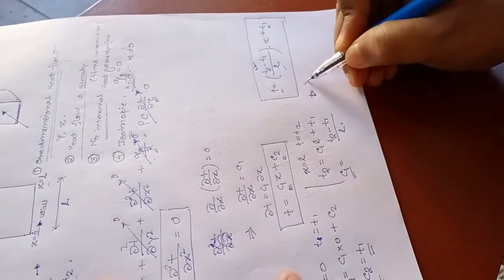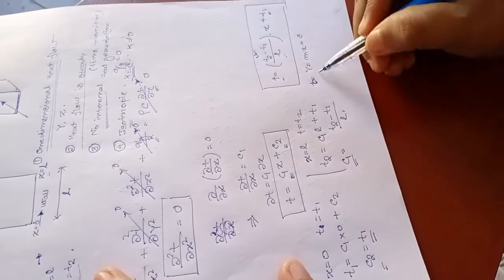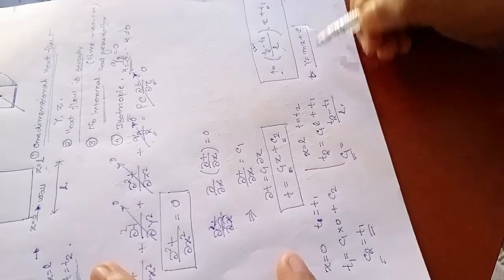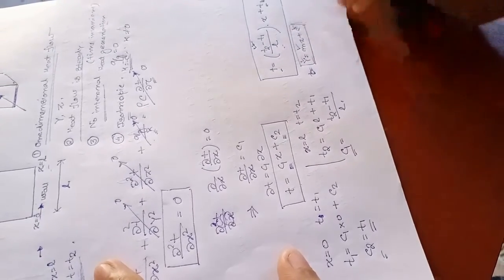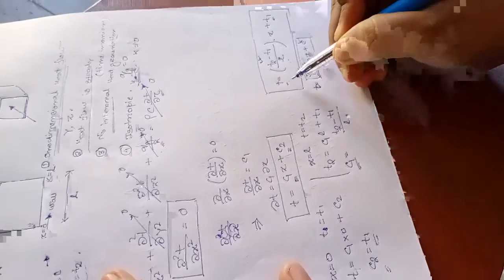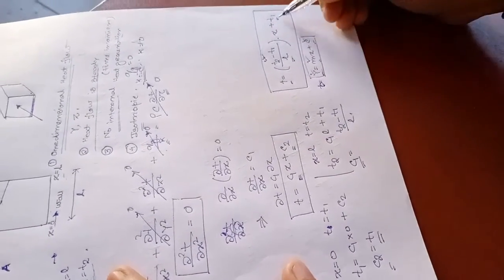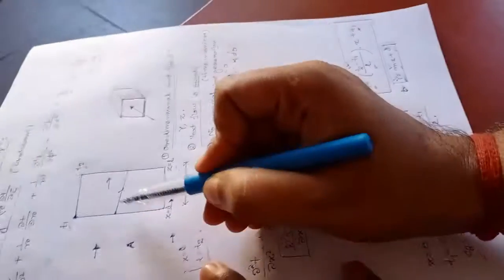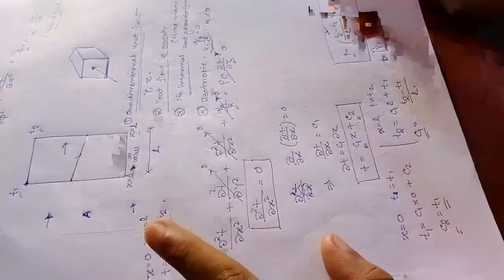So I can say it is y is equal to mx plus c. You are getting the equation of a straight line where y is the T, m is the slope and c is the constant. So here y is T, m is equal to (T2 minus T1) by L, and c is T1. So it is a straight line.